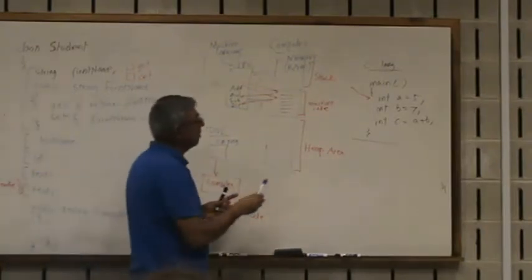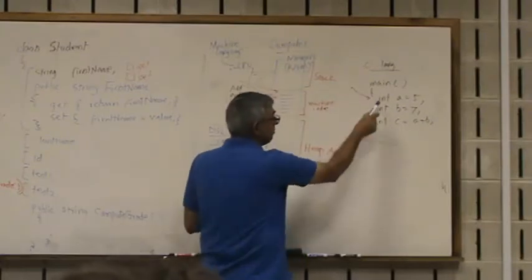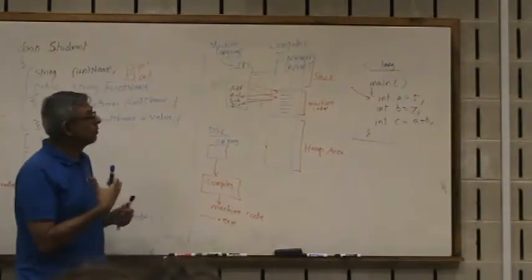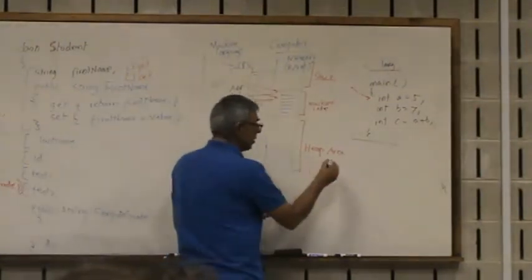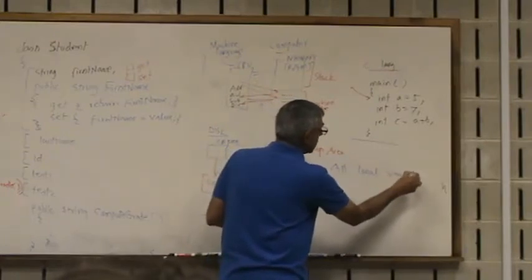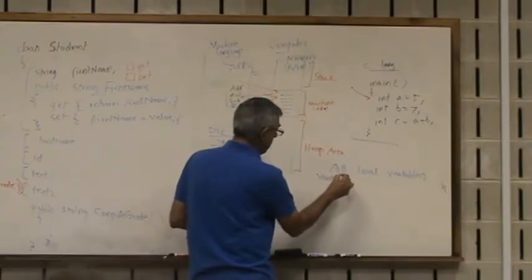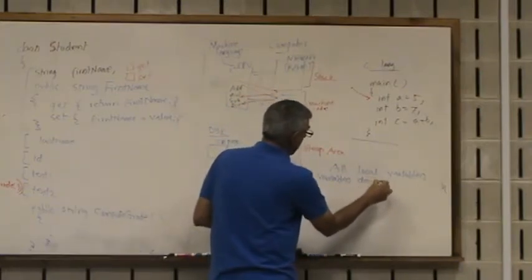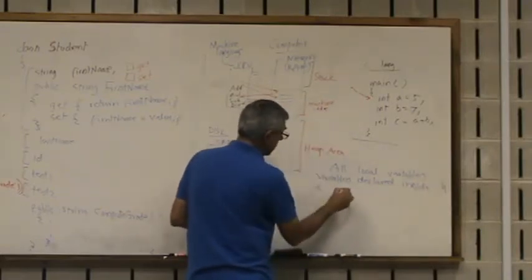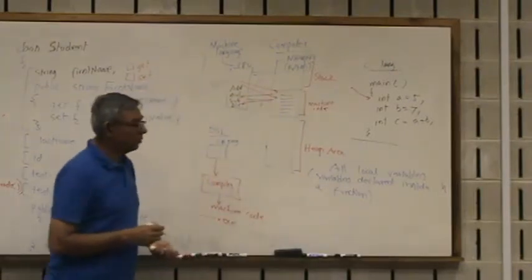For example, anytime we call a function, including main, if we declare some variables, the memory for those comes from the stack area. All local variables, meaning variables that are declared inside a function, are called local variables.